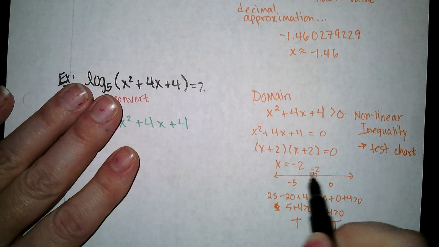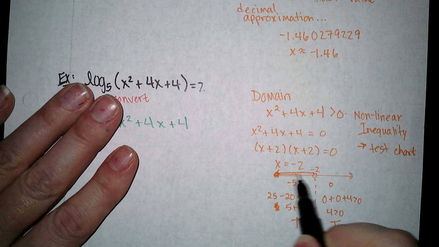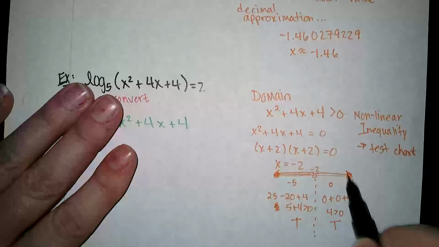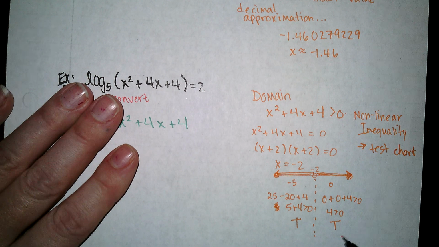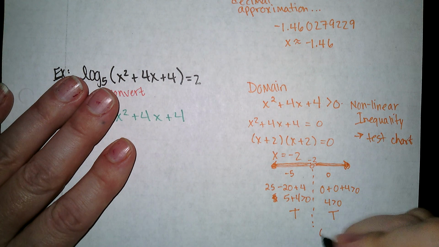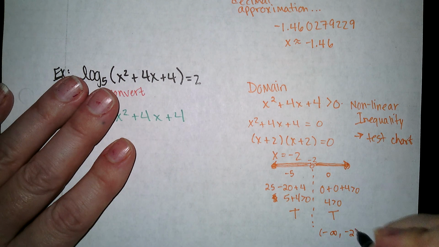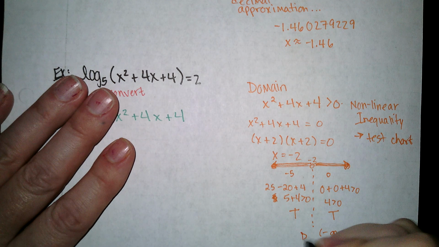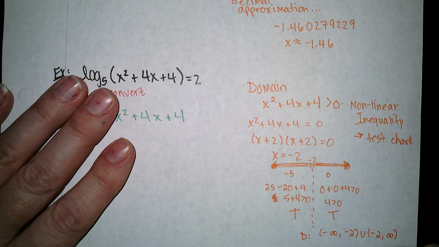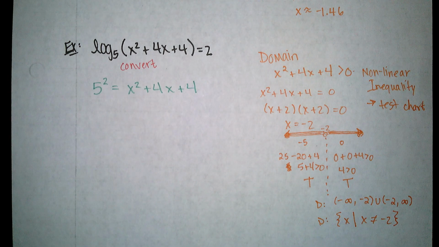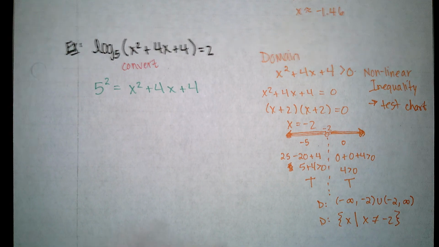Well, that means that my domain is true here, and my domain is true here, which means that my domain goes from negative infinity to negative 2, but skips over negative 2 and goes to infinity. So my domain is actually all of the numbers as long as x doesn't equal negative 2. So the only number it's not allowed to be is negative 2. That should be pretty easy to avoid.